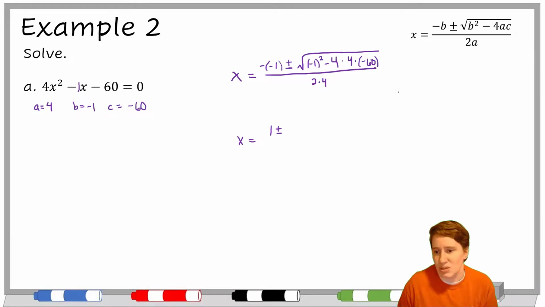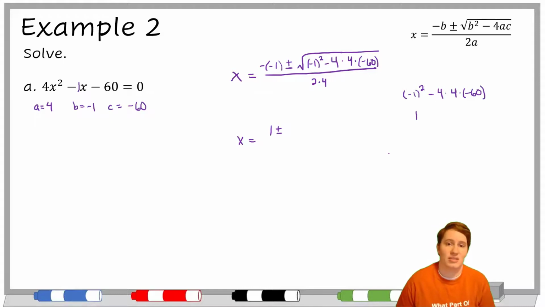Okay, so we need to figure out this part that's underneath the square root. Negative 1 squared is going to be a positive 1. Then we've got minus 4 times negative 60. I like to think of this as kind of 2 separate things. I like to look at this and say I've got negative 4 times positive 4 times a negative 60. So that's 2 negatives, which make a positive.